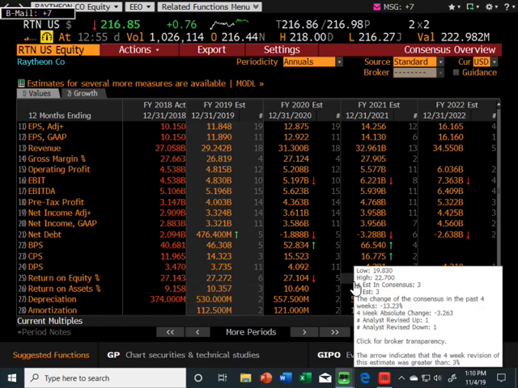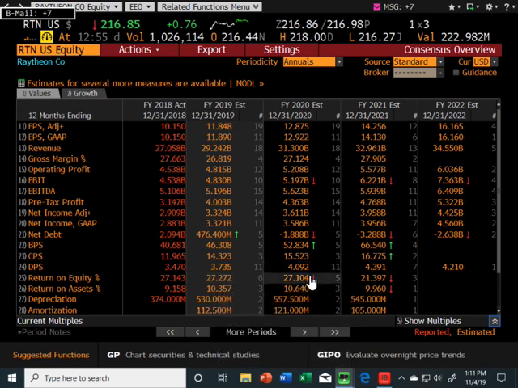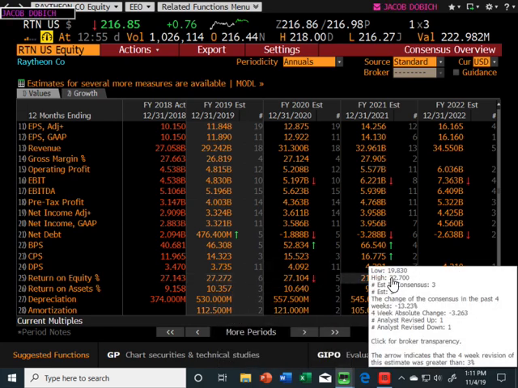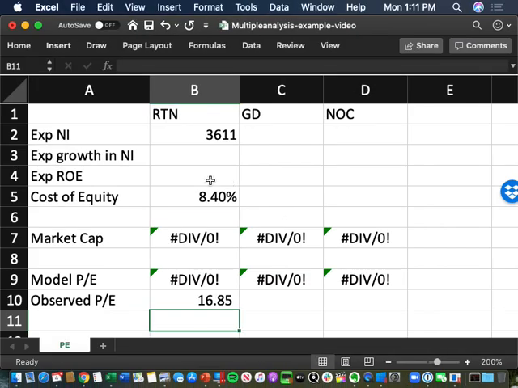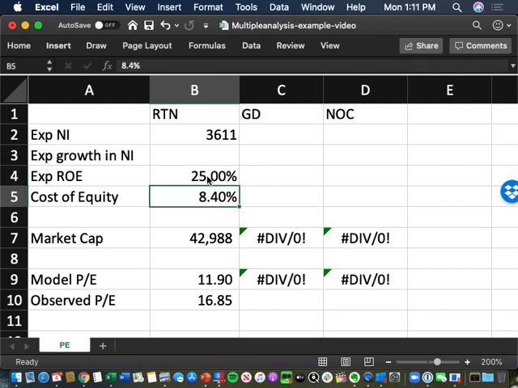They don't directly forecast ROIC, but they do forecast return on equity. And this is the next 3 years for Raytheon: 27, 27, 21. Okay, so I'm just going to simplify. I need something representative, so I'm going to divide by 3: 0.27 plus 0.27 plus 0.21 divided by 3, about 25%.